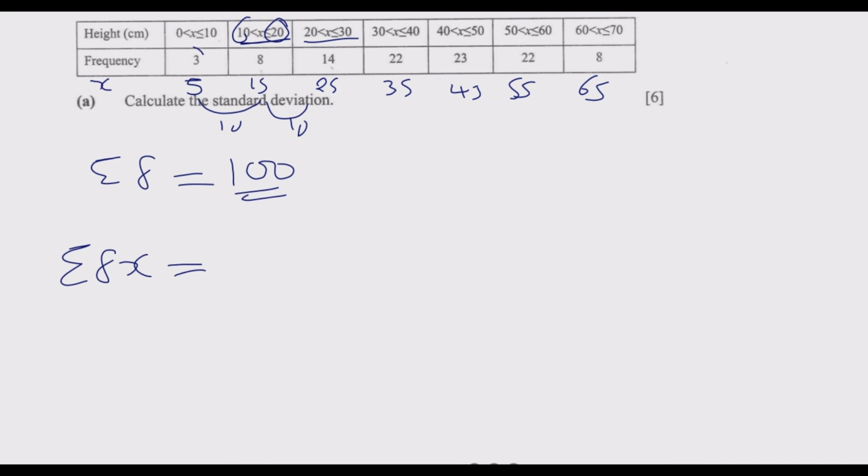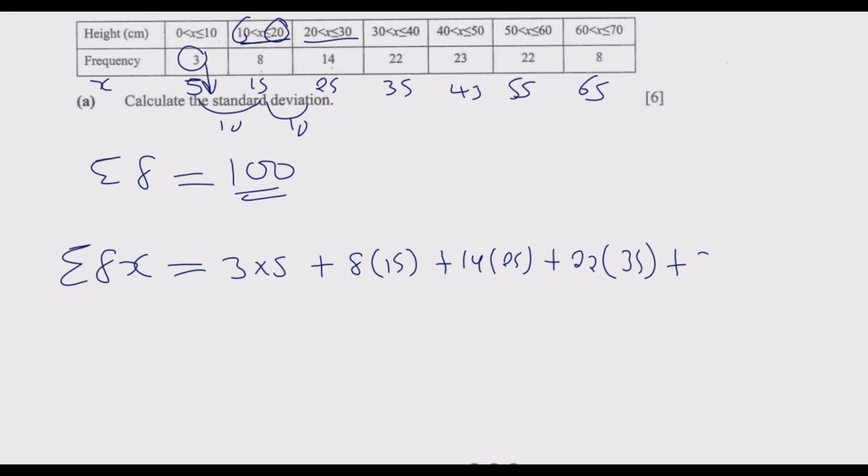Basically, it's the frequency 3 multiplied by 5, plus frequency 8 multiplied by 15, plus 14 multiplied by 25, plus 22 multiplied by 35, plus 23 multiplied by 45, plus of course 22 multiplied by 55, then plus 8 multiplied by 65, like that.